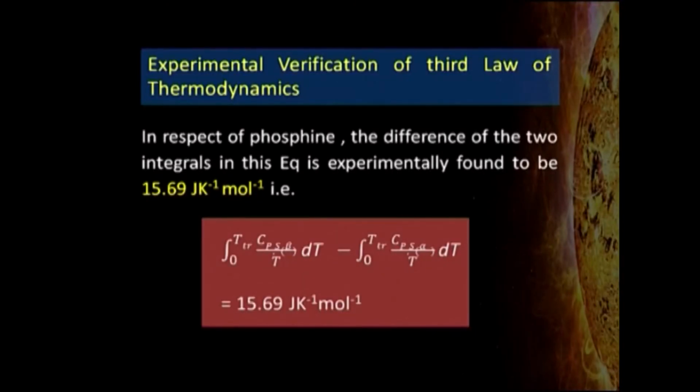In respect of phosphine, the difference of the two integrals in this equation is experimentally found to be 15.69 joules per Kelvin per mole. That is, integral of Cps beta divided by T dt within the limits 0 to Ttr minus integral of Cps alpha divided by T dt within the limits 0 and Ttr is equal to 15.69 joules per Kelvin per mole.